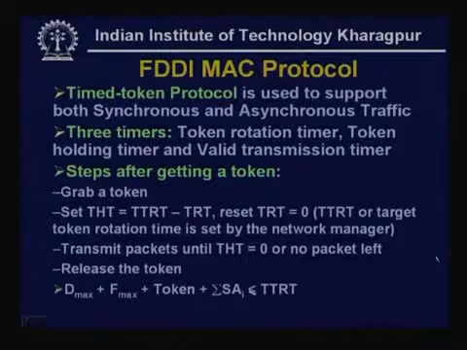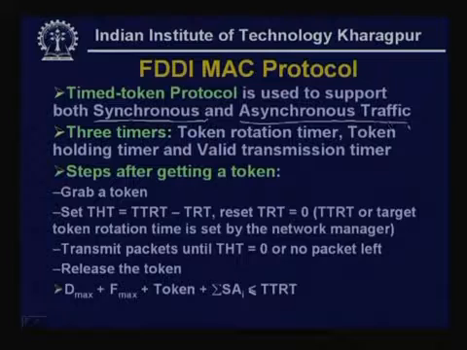Now, the MAC protocol is a timed token protocol, as you can see, to support both synchronous and asynchronous traffic. In case of 802.5, that is your token ring network, it is not a timed token protocol.